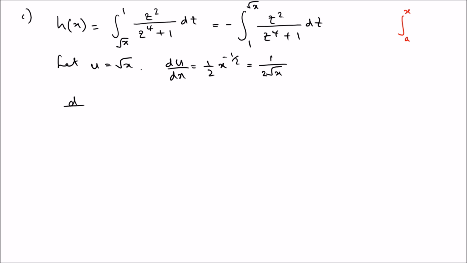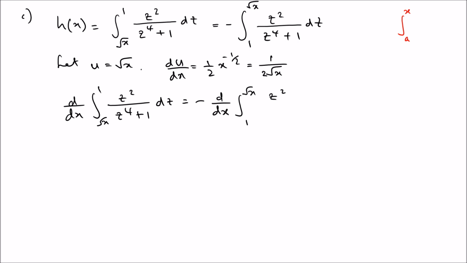So it is d/dx of the integral from square root x to 1 of z squared over z to the 4th plus 1 dz, which is negative d/dx of the integral from 1 to square root x of the same thing.